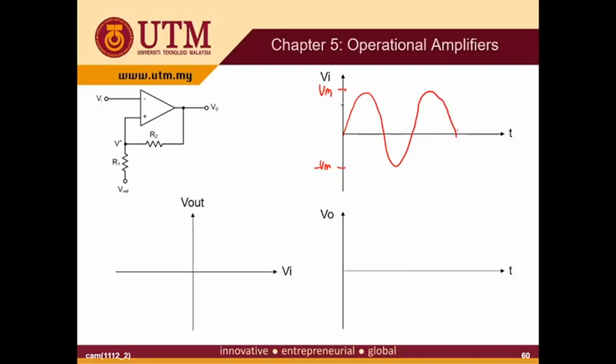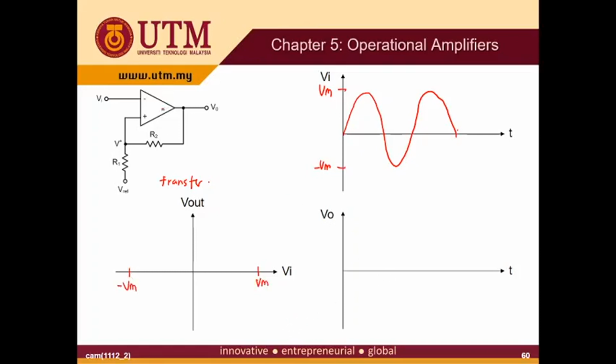This is the axis for the input, this is the axis for the output waveform, and this is the transfer characteristic. Transfer characteristic is output versus input. For the input here, the maximum input voltage is Vm and the minimum is minus Vm. So you need to take note here. This is your Vm and this is your minus Vm.